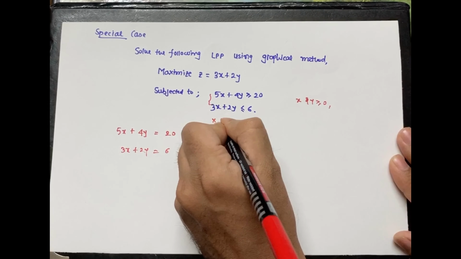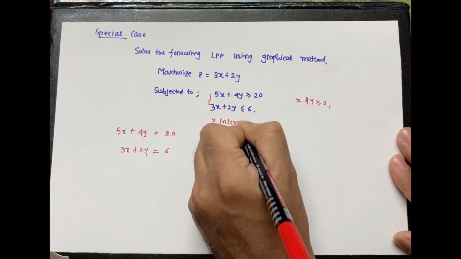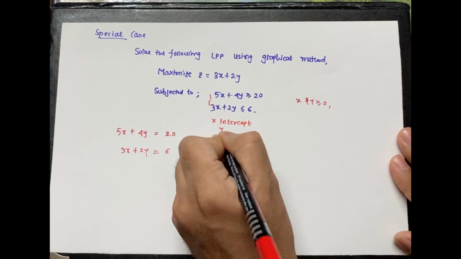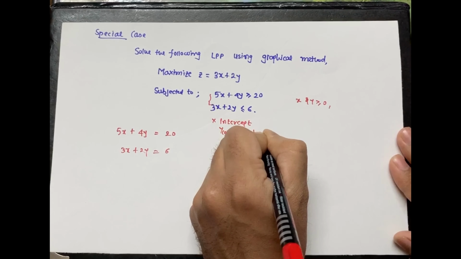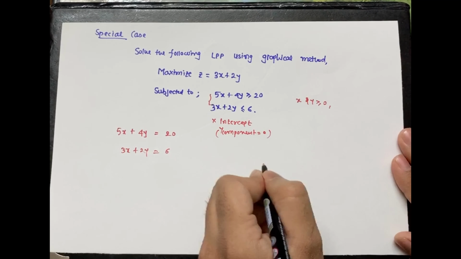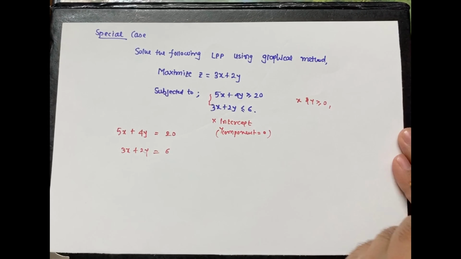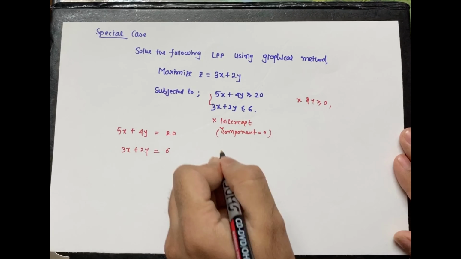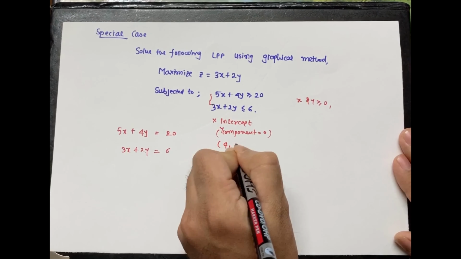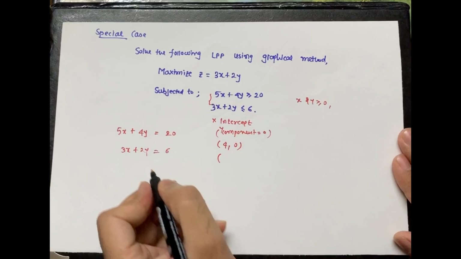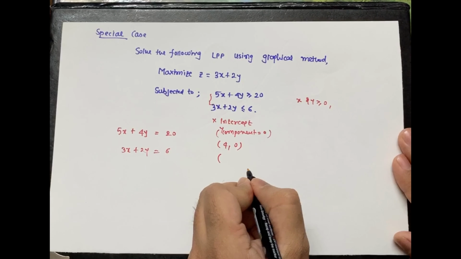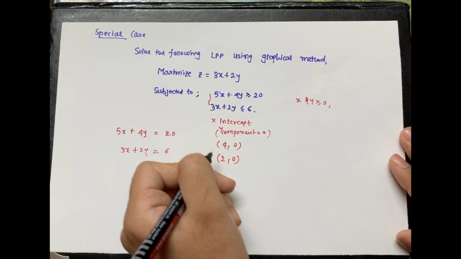Compute the x-intercept by taking the y component equals 0. So what I am getting here, for 5x plus 4y equals 20 with y equals 0, x equals 20 divided by 5, that means (4, 0). For this one, y equals 0, so x becomes 6 divided by 3, that is (2, 0).